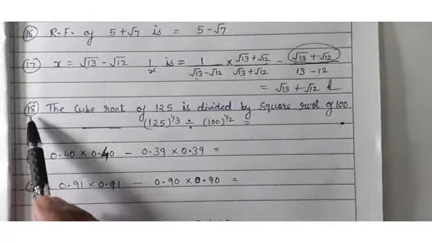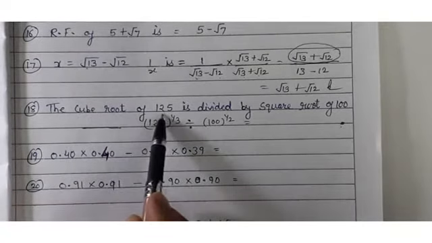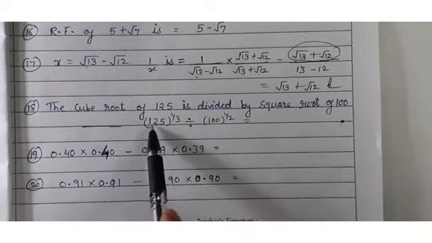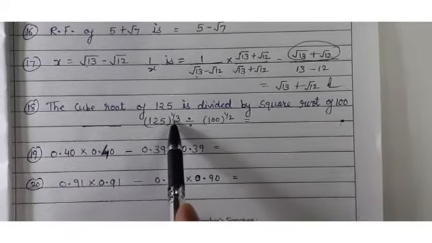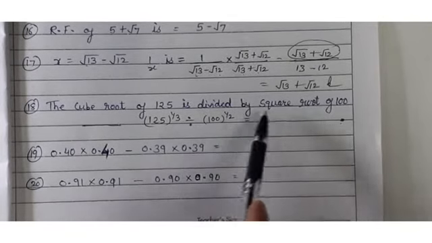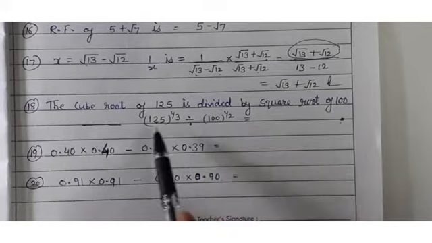The next question, number 18. The cube root of 125 is divided by the square root of 100. What is the meaning? Cube root means 125 power 1 upon 3, divided sign, 1 upon, the square root of 100 is like this.